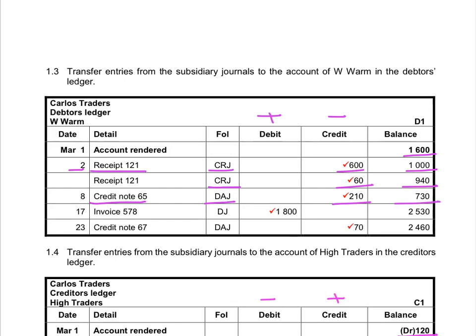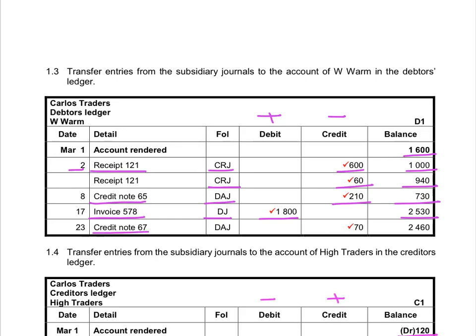We sold goods to him, so we issued invoice 578. The entries are recorded from your debtors journal. It increases his amount with 1,800. So 730 plus 1,800. The new balance is 2,530.